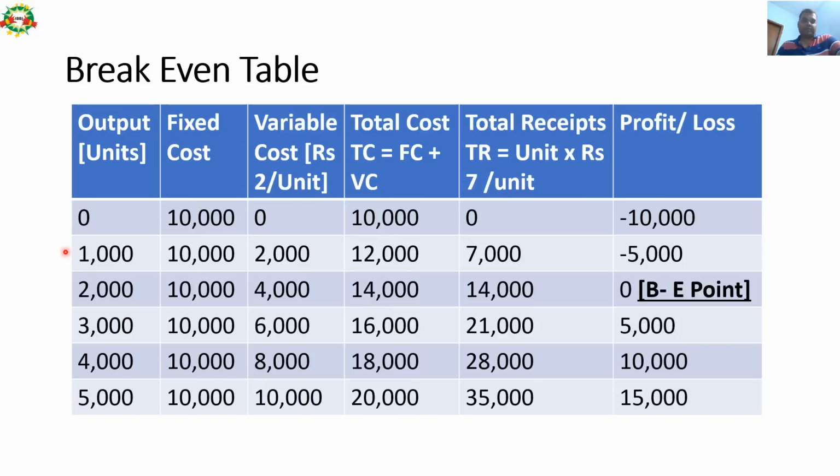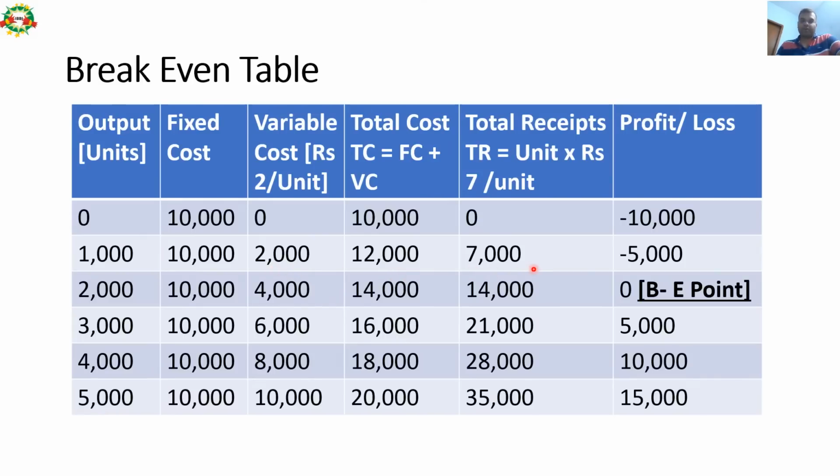In case the factory starts producing 1,000 units, fixed cost will remain the same. Variable cost will be 2 rupees multiplied by 1,000, that is 2,000 rupees, and total cost will be 10,000 plus 2,000, which is 12,000 rupees.